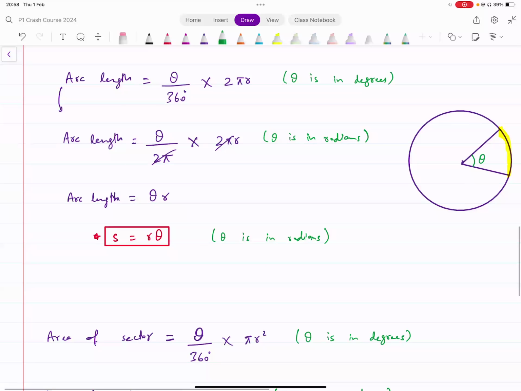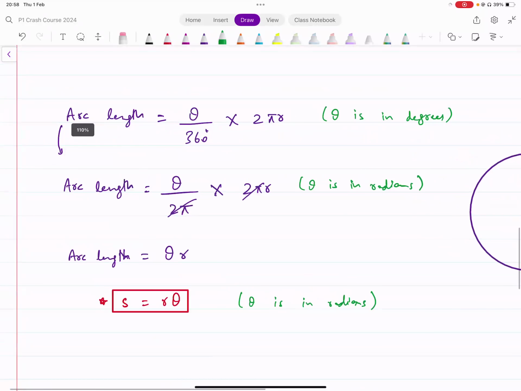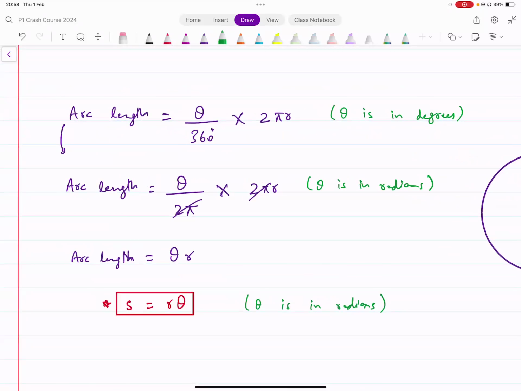We talked about arc length, how that formula comes from the formula that you did in O levels, theta over 360 into 2 pi r. If you do the same thing in radians, in the denominator you would have 2 pi instead of 360. Then the formula becomes this: S, which represents arc length, is equal to r into theta.